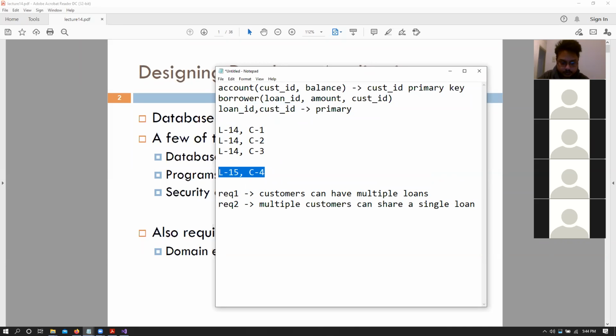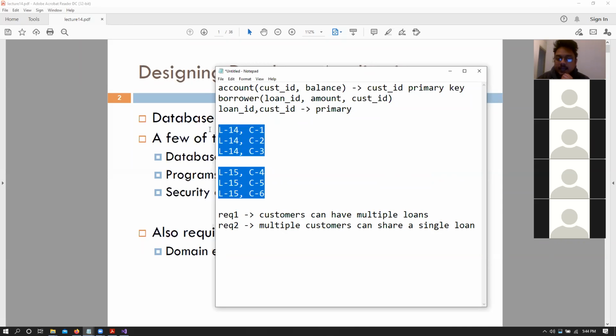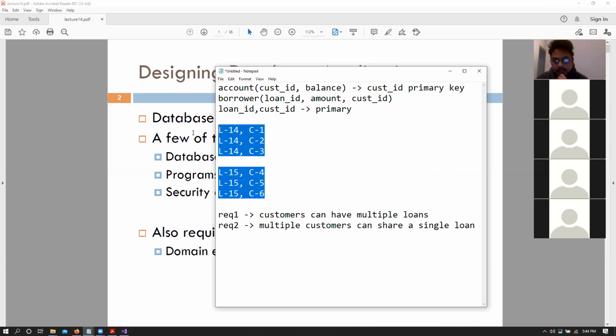Multiple customers can also hold or share a single loan, right? Since both of these together make up the primary key, we can have these two possibilities. And so loan ID, customer ID is our primary key, right? So that is the situation, right?